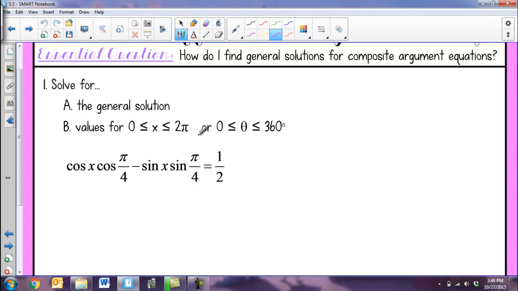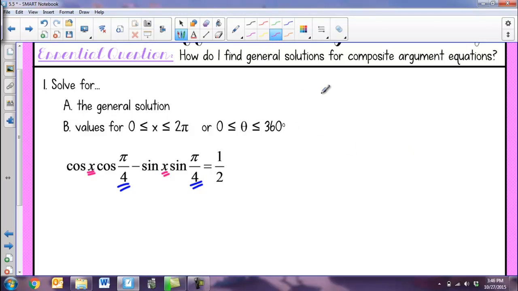Now the one thing that you notice about this is actually an expanded composite argument expression. So if you look and you notice that you have the same thing here and then the same thing here, then you can rewrite this as just something of a minus b or something of a plus b.